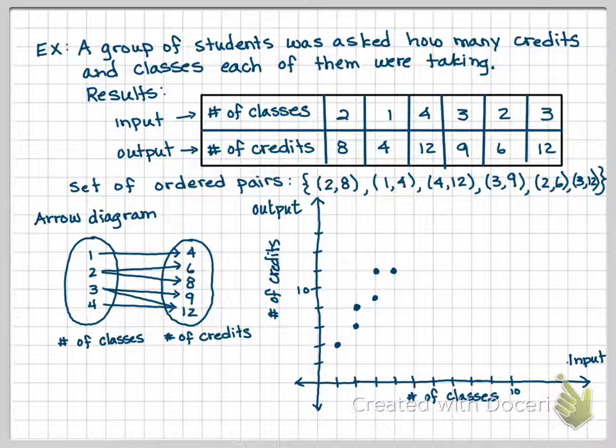So one thing to keep in mind is that if we have what's called a discrete set of ordered pairs, which just means there's a finite number of them, right? You can count how many there are. In this case, there's 1, 2, 3, 4, 5, 6 pairs. We can't create more than we have. So if I were to connect these 2 dots, I would be saying that every point on that line corresponds to a pair in my relation.